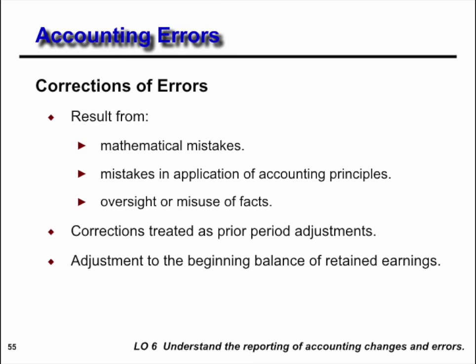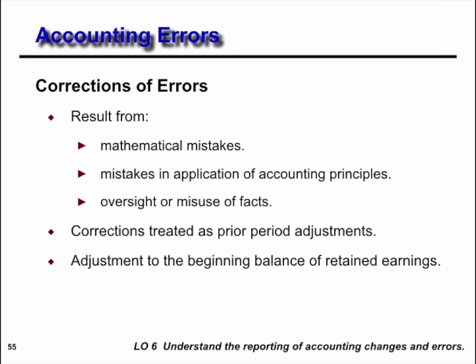Errors may affect only a company's income statement or only its balance sheet or both financial statements. Errors affecting only the classification of either income statement or balance sheet items can be corrected without a journal entry because the particular financial statement item only needs to be reclassified.